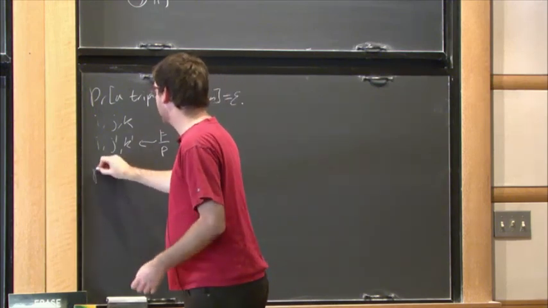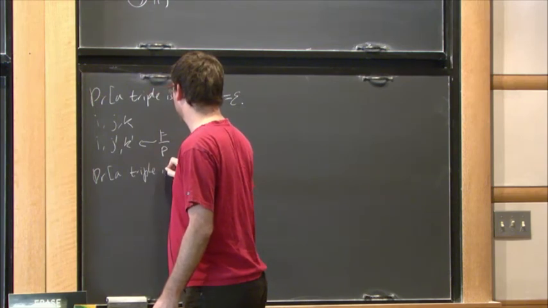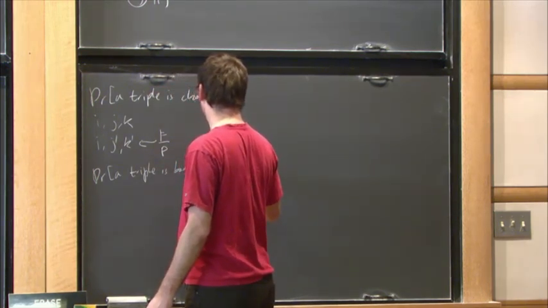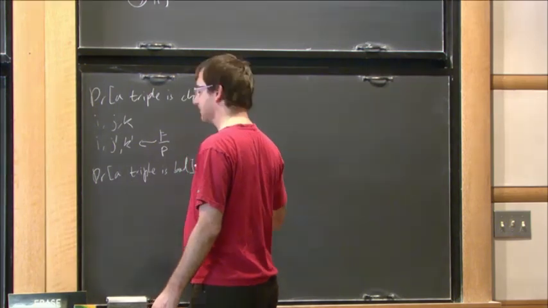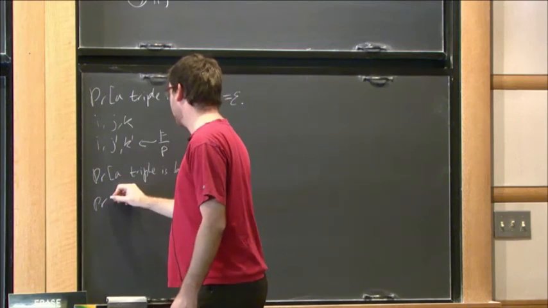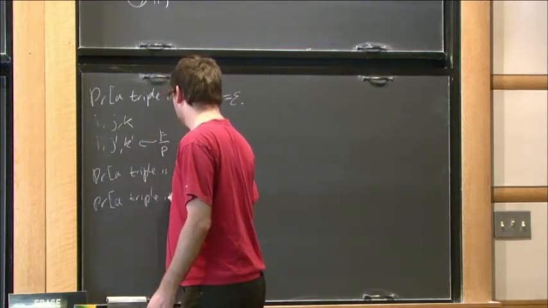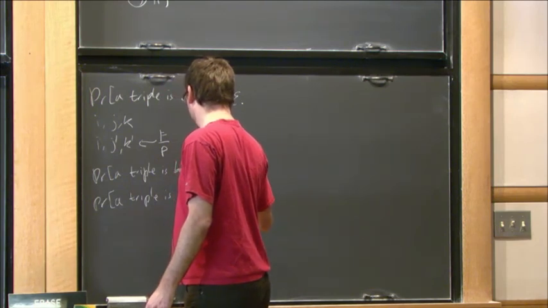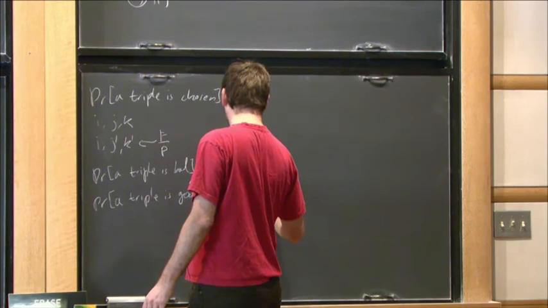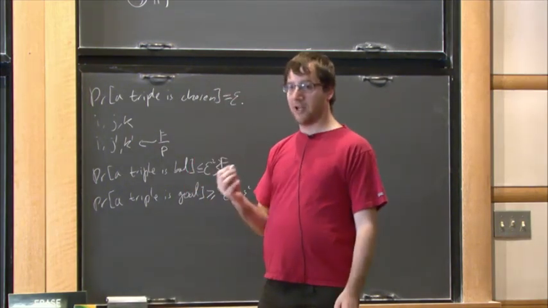Now the probability that a triple is bad is at most epsilon squared times f over p, times 3, since there are 3 indices. So the probability that a triple is good is at least epsilon minus epsilon squared times 3f over p. Now you optimize over epsilon.